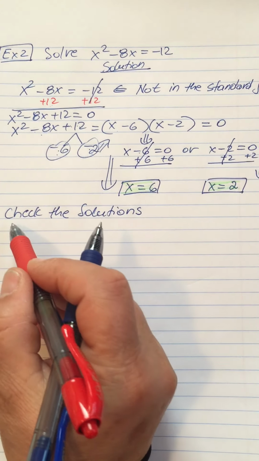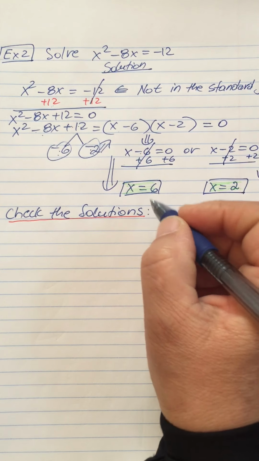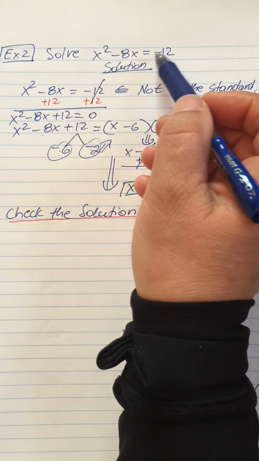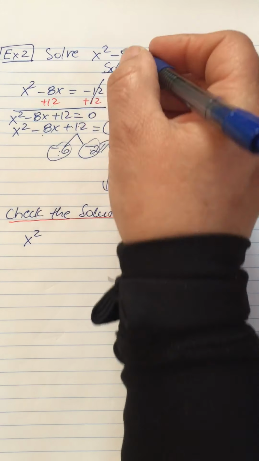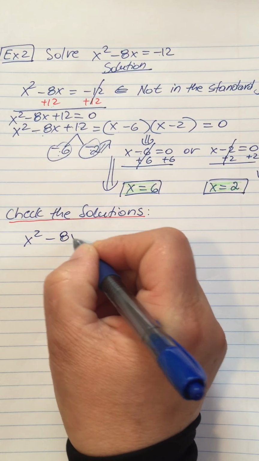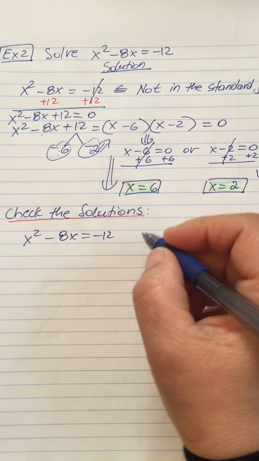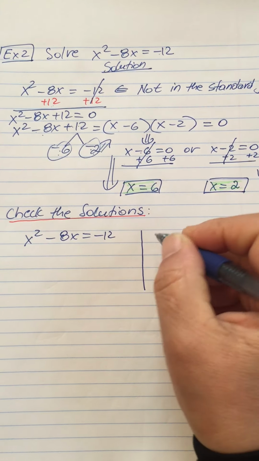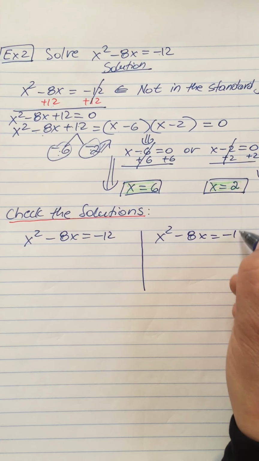We know what is the job of the solution. The solution makes the statement true. Okay, so what is the original statement? The original statement is x squared minus 8x equal to negative 12. And I have to check both these values of x. x squared minus 8x equal to negative 12.